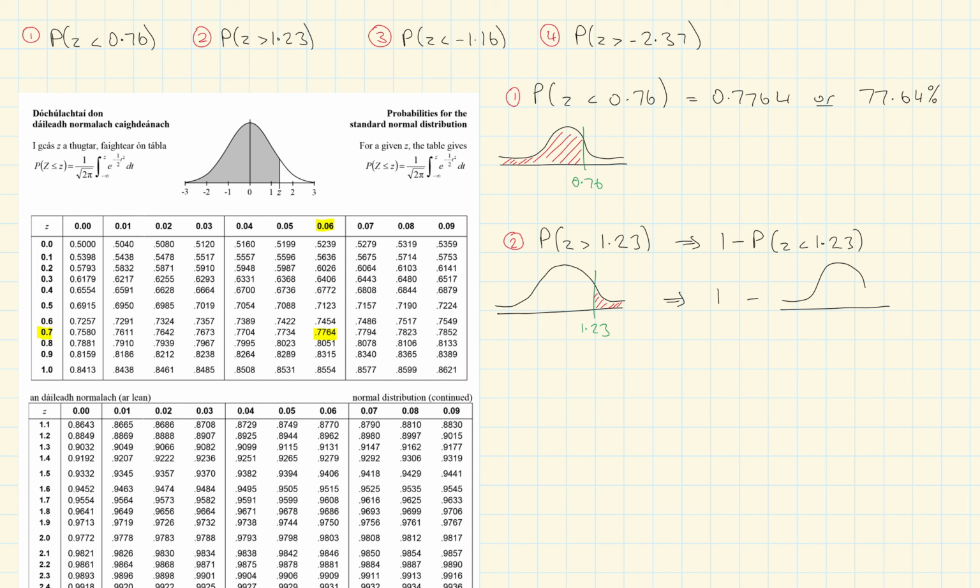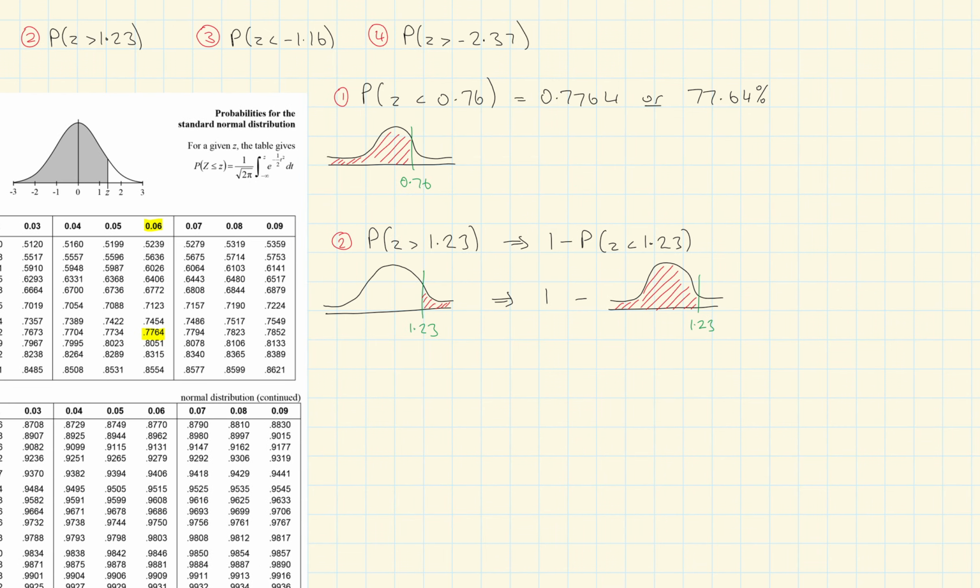And what we know is, the reason for 1 is that the total area under this curve for a normal distribution is equal to 1. So what we do is we subtract. We figure out the area to the left of that point and subtract it from 1. And then what that does is it gives us the leftover to the right hand side of the point.